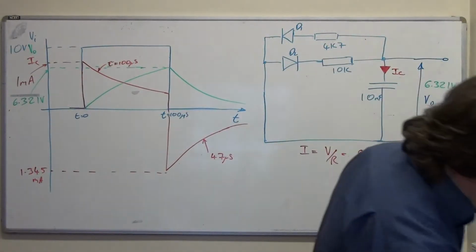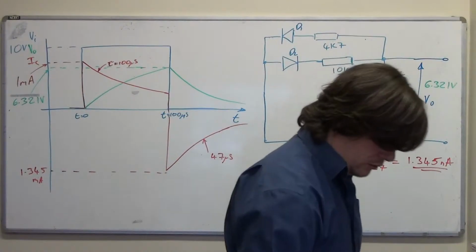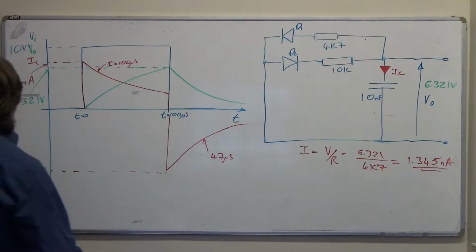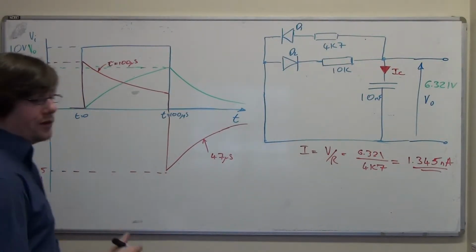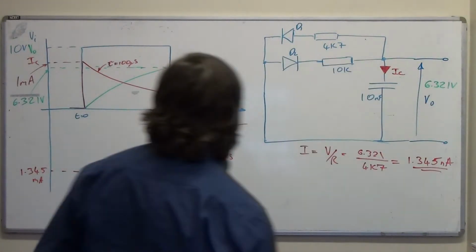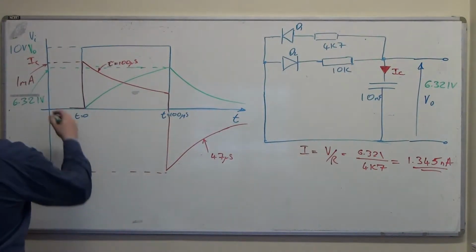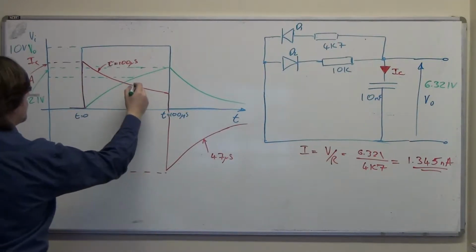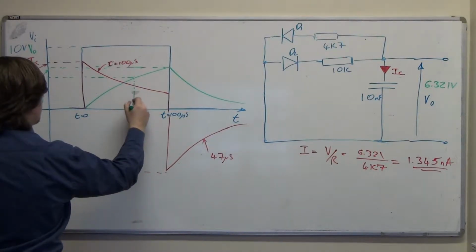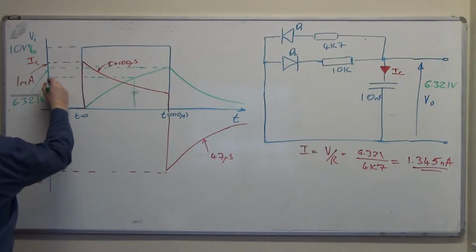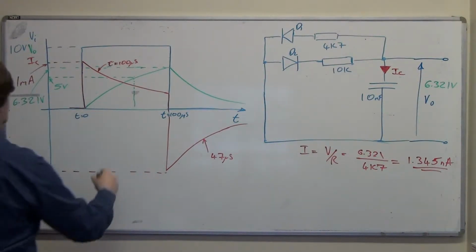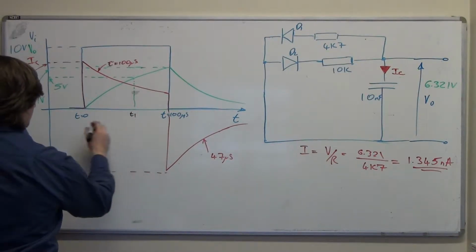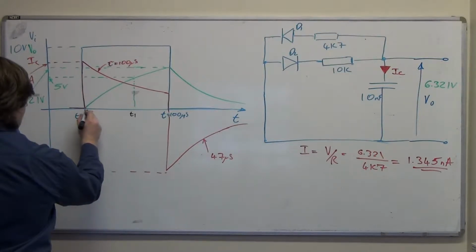So the other thing we need to calculate is the time that's involved in this pulse, and the question says up to 5 volts is where we need to know about. So, well, that's 6.3, so 5 is probably going to be around here somewhere. So we'll call that 5 volts, and this will be our T1, and this is our unknown distance.